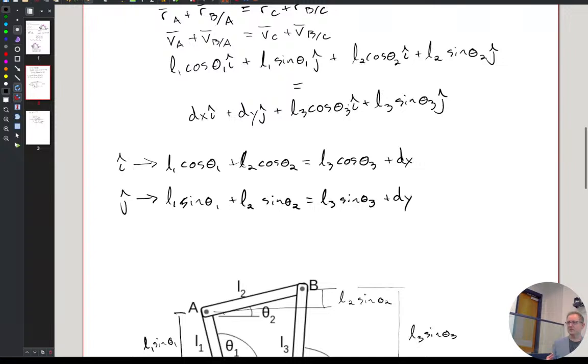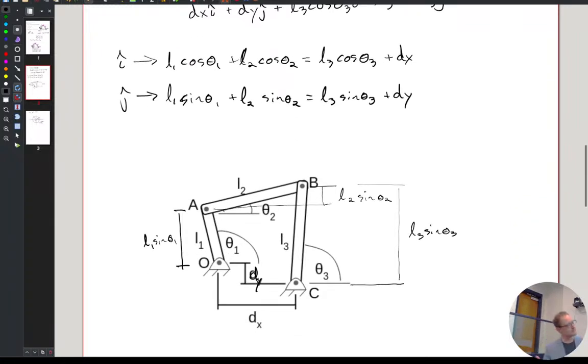How many equations did we end up with? Two. How many independent, or so we had 1 degree of freedom, right? And L1, L2, L3, these things are all fixed. This thing has to create some kind of quadrilateral shape, right?